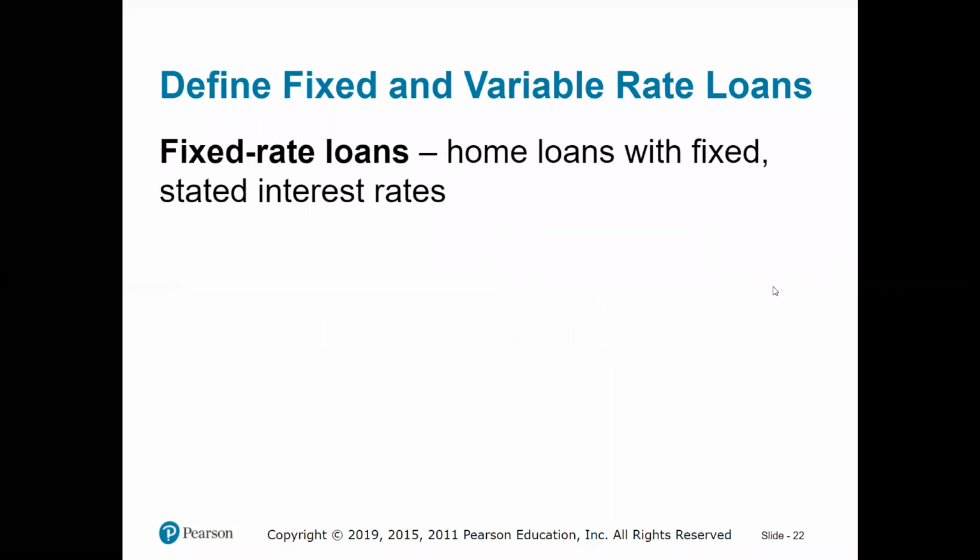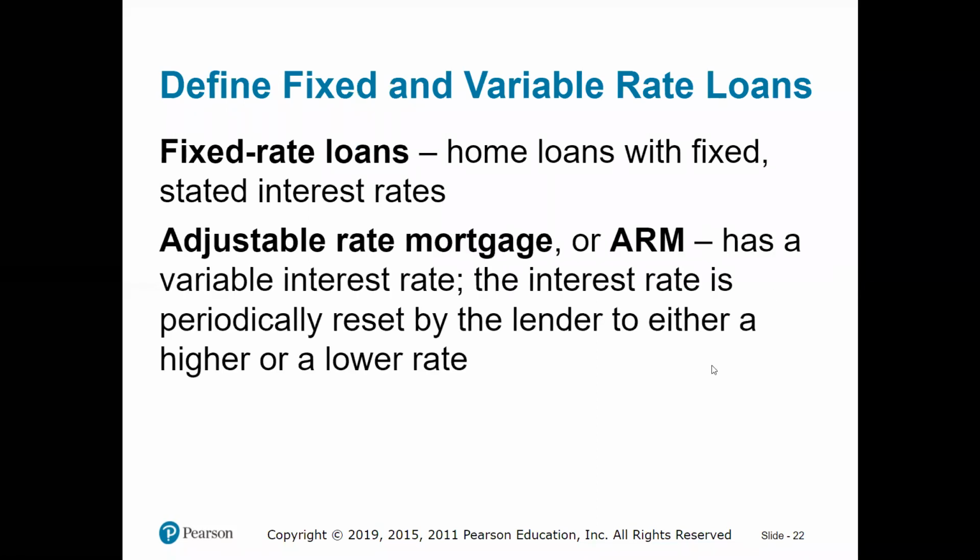Okay. Fixed rate loans are home loans with a fixed stated interest rate. Adjustable rate mortgage, or ARM, has a variable interest rate. The interest rate is periodically reset by the lender to either a higher or lower rate.